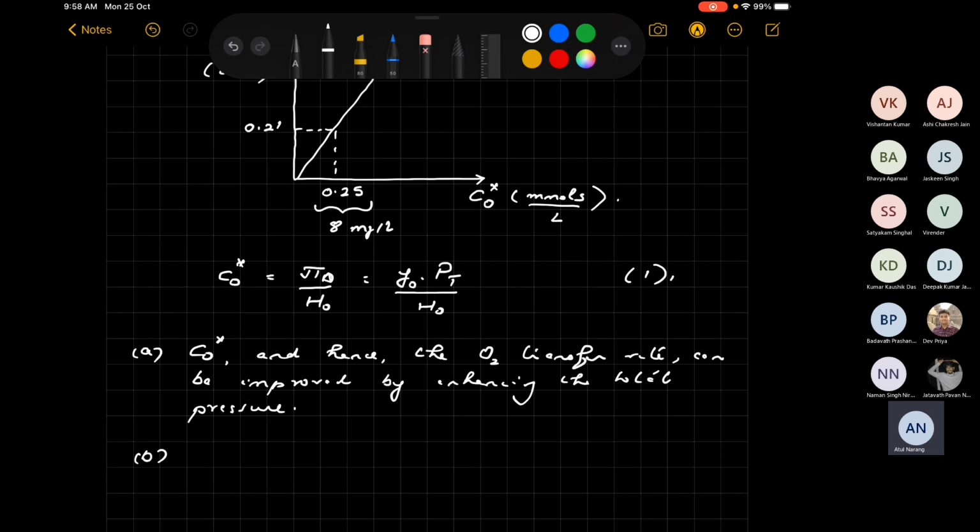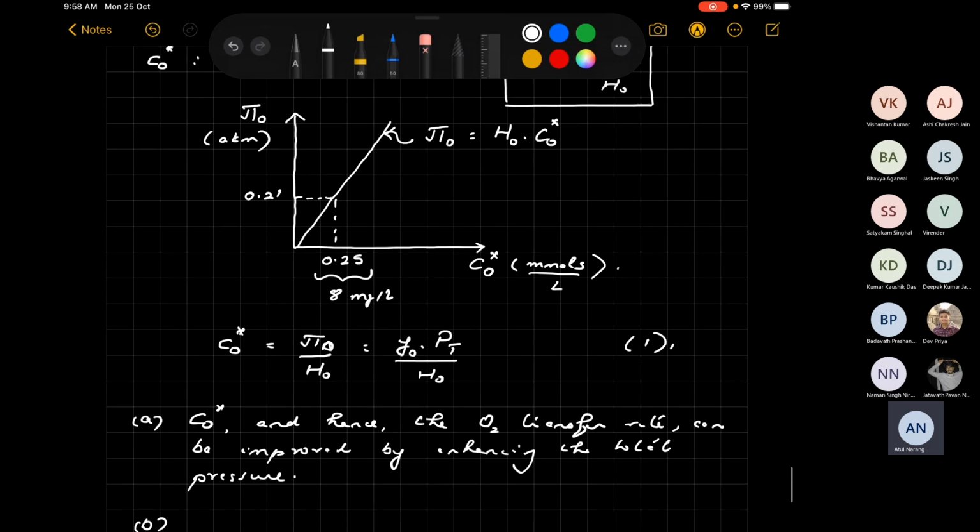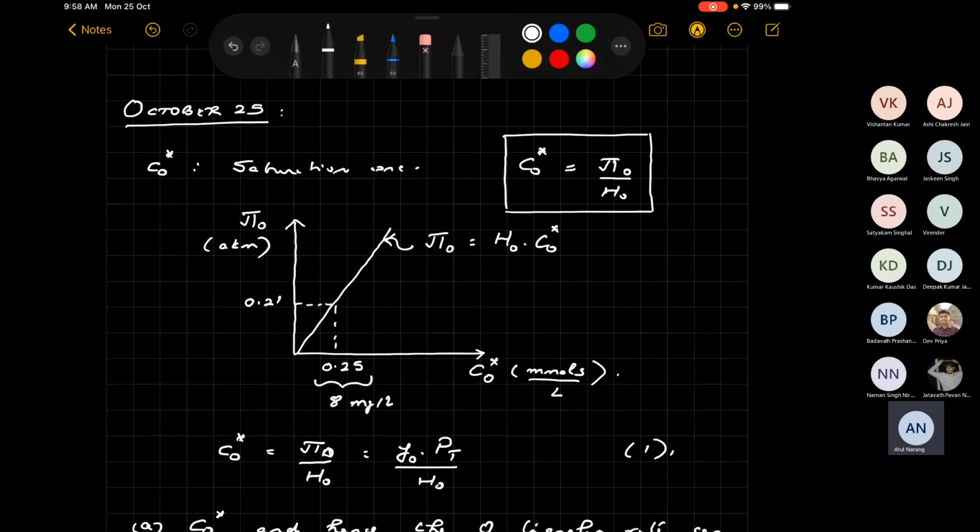Now, the other thing I'd like to point out is that this graph is obtained if you have fixed temperature and liquid composition.